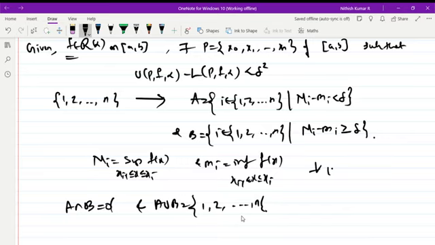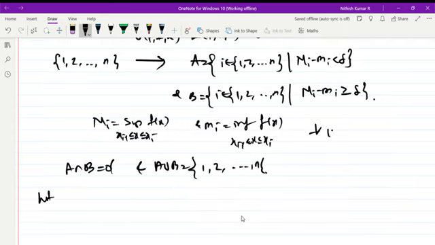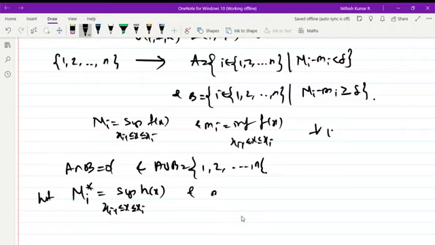Now let's take capital Mi star as the supremum of h of x, where x(i-1) is less than or equal to x less than or equal to xi, and small mi star as the infimum of h of x over the same interval, for all i. So observe, capital Mi and small mi are for f, and capital Mi star and small mi star are for h.